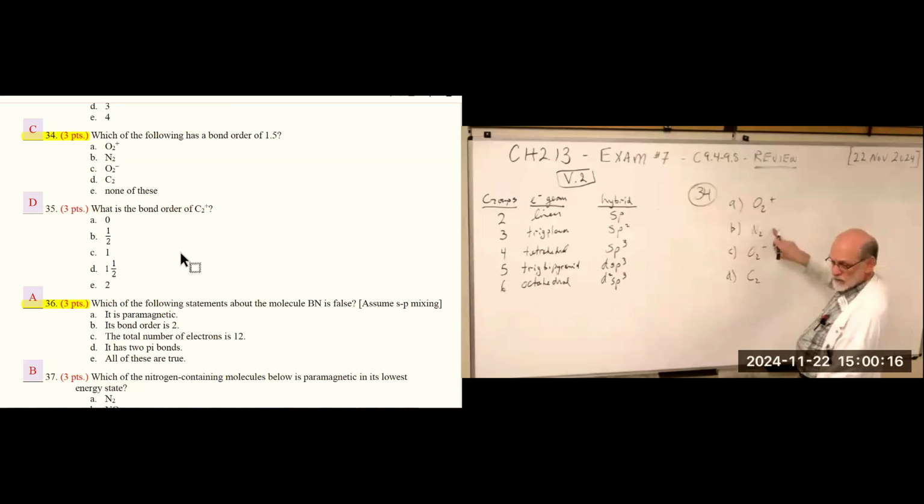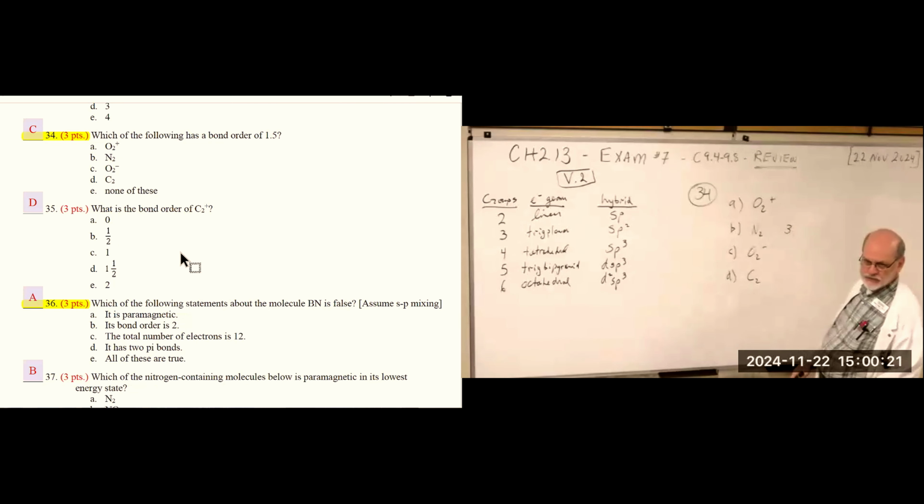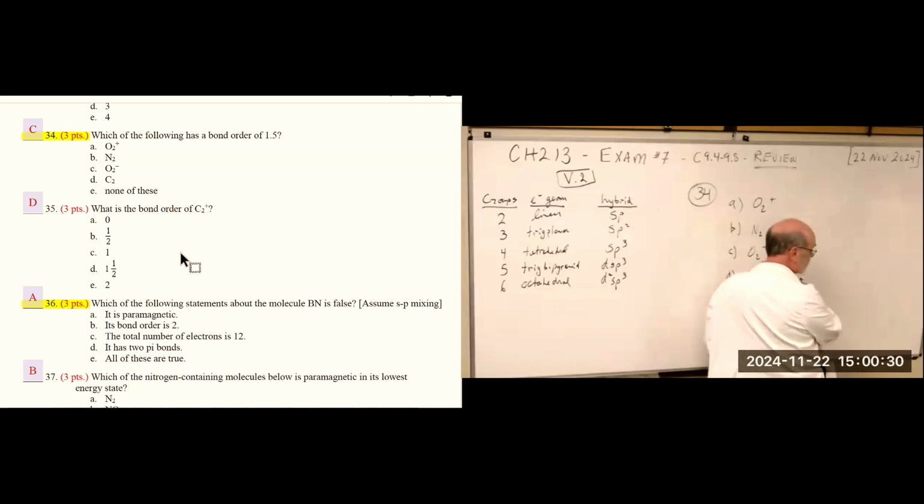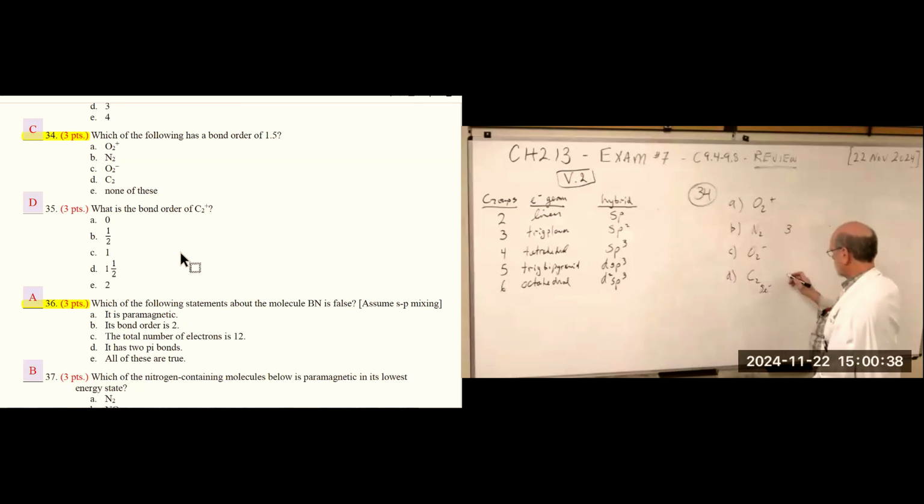The bond order here is 3, a triple bond, so we don't have to worry about that one. Let's do carbon-carbon. Mixing, it has eight electrons. So we have sigma, sigma star from the s's, and then the p's start off with pi. 2, 4, 8. So the bond order here is 6 minus 2 is 3, 1.5, right?